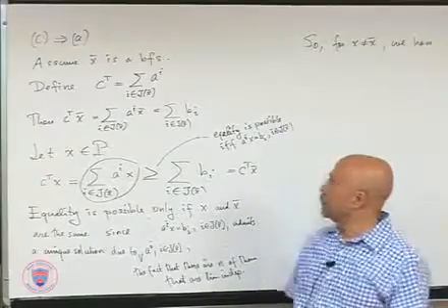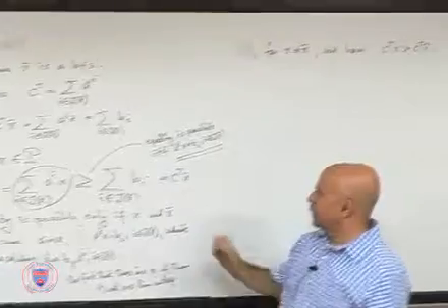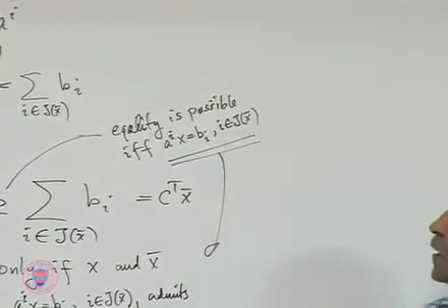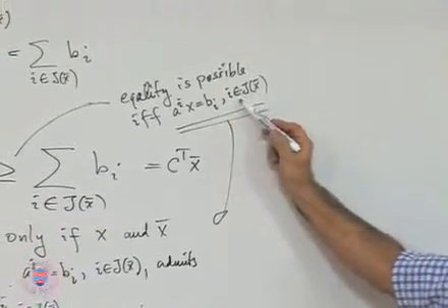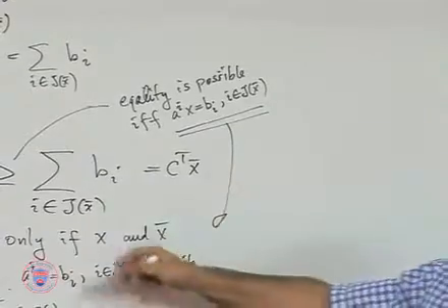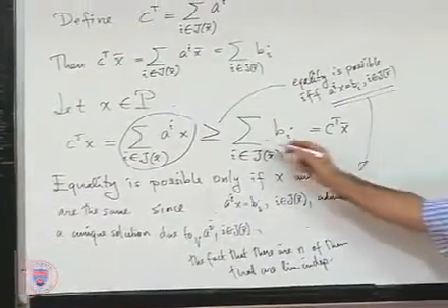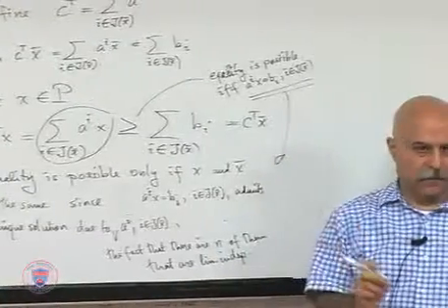Okay? And for that reason, you end up with this system. And this system, J x bar, contains n linearly independent AI in it. For that reason, it admits a unique solution, which is what we argue here. And if it admits a unique solution, equality is possible if and only if x and x bar are the same.